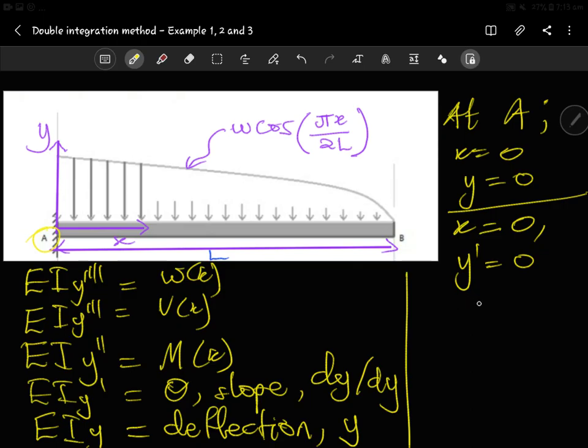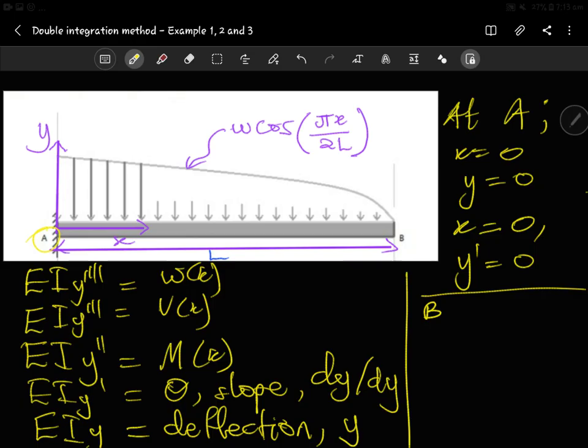And then we come to point B. We have determined this boundary condition even after we've applied the force and there's been any bending.